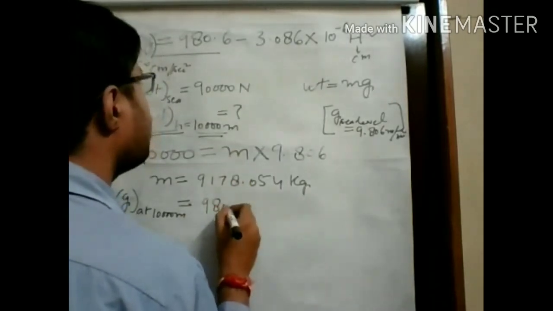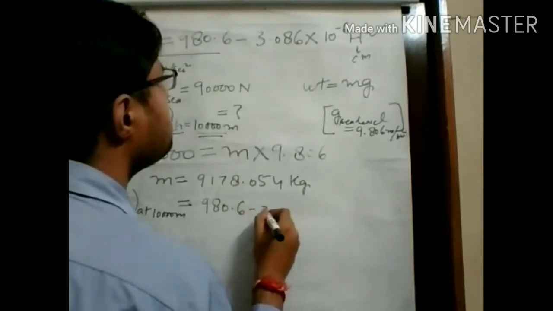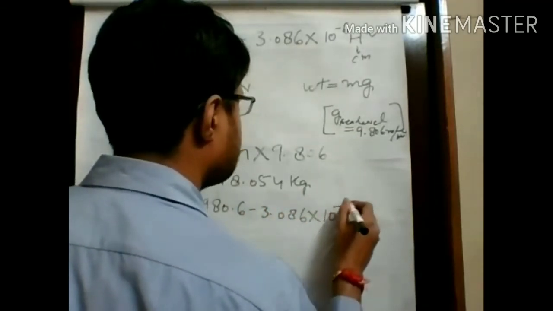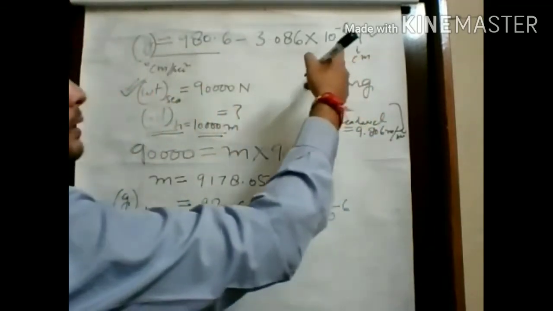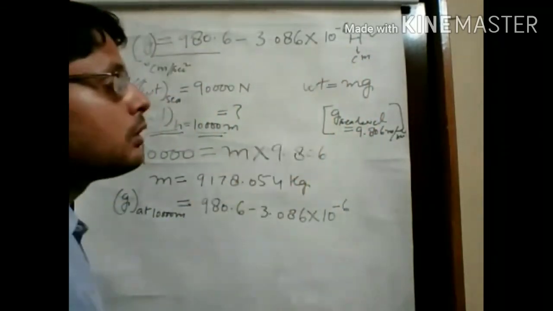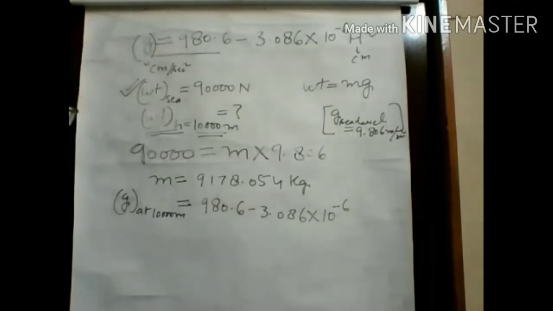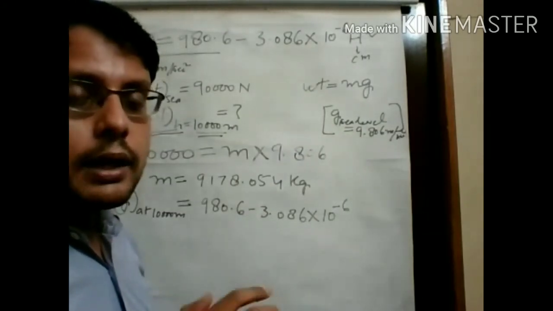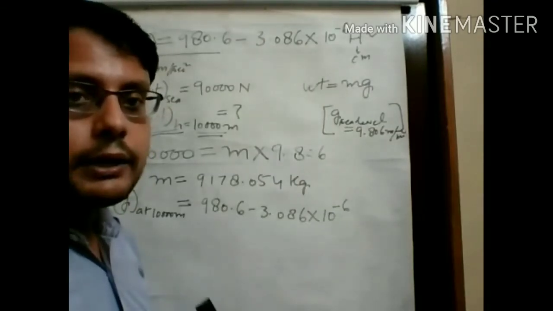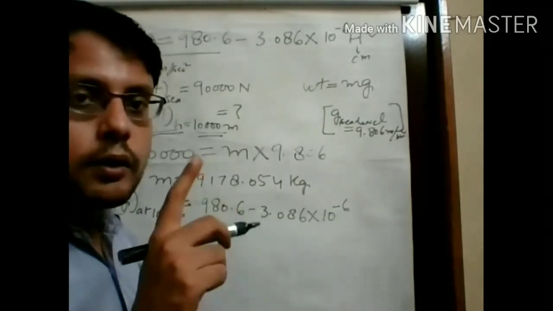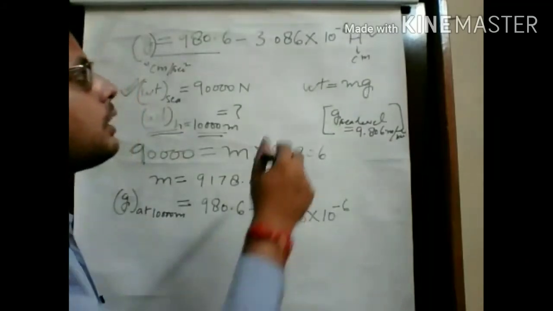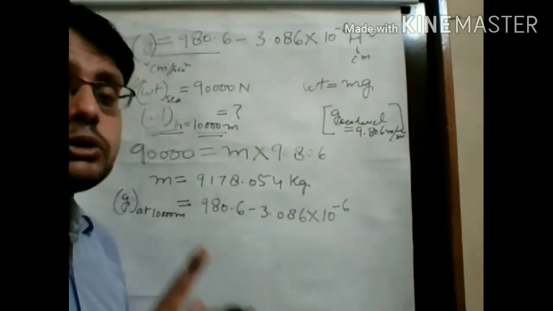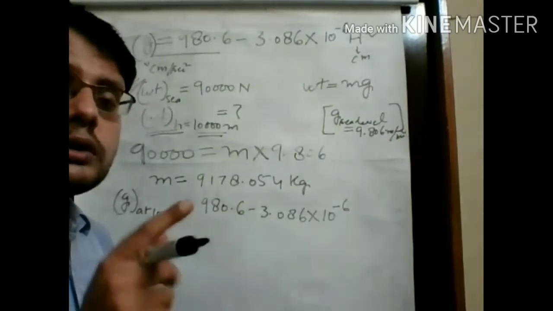So 980.6 minus 3.086 into 10 to the power minus 6 multiplied by h. But the h value we use must be in centimeter. In the problem it is given that a plane is flying at a height of 10,000 meter. So before putting the value of height in this expression, we have to convert 10,000 meter into centimeter.